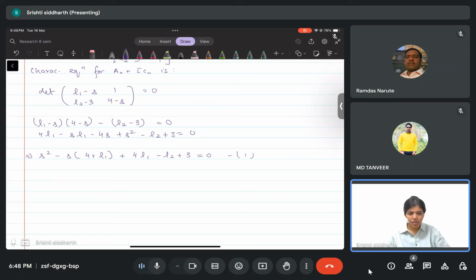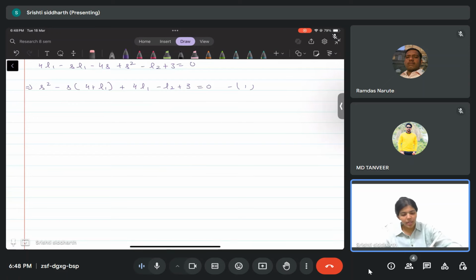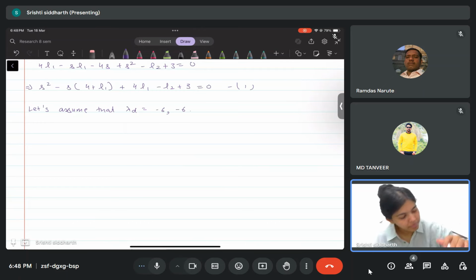Now we want the whole system to be Hurwitz. So let's say that this reduced system A0, C0 is also Hurwitz, and let's say that the desired eigenvalues are at minus 6, minus 6. Desired eigenvalues, we are going to locate them at minus 6, minus 6.